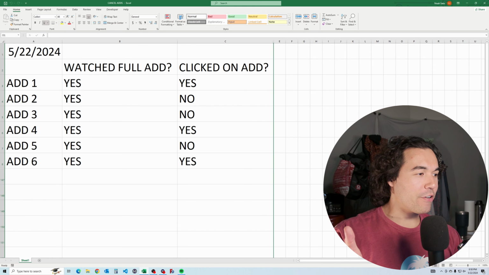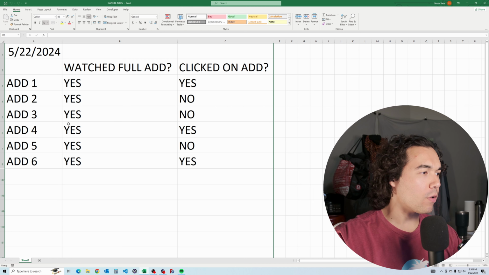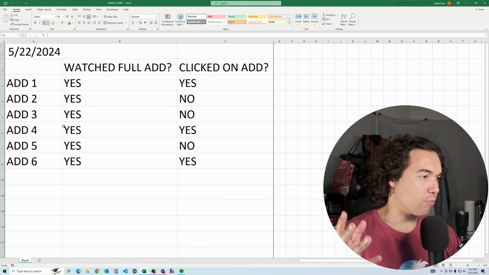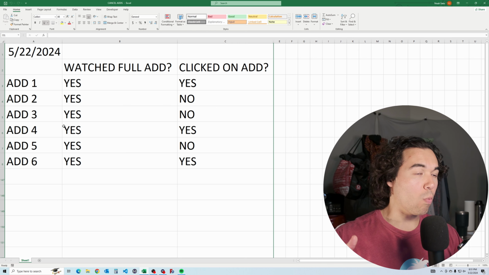Okay, so here we are in Excel as always, and what do I have here? The table or the rows that I've created right here is essentially a rudimentary, simplified version of what companies are seeing when you interact with their ads, when you actually watch or don't watch their ads.